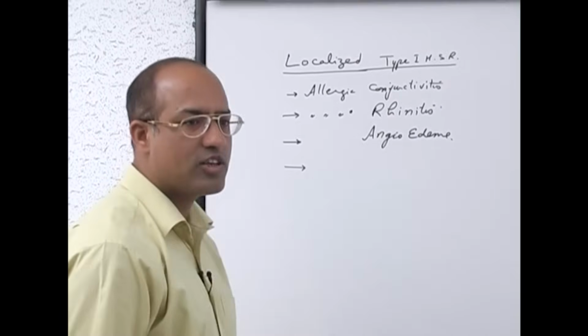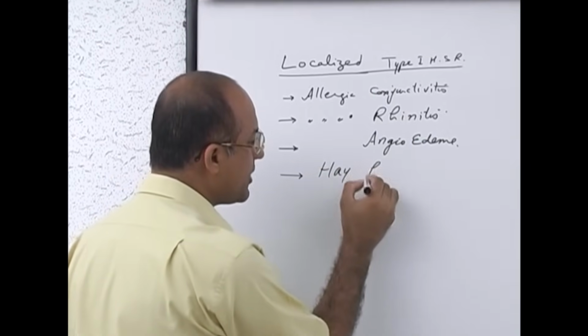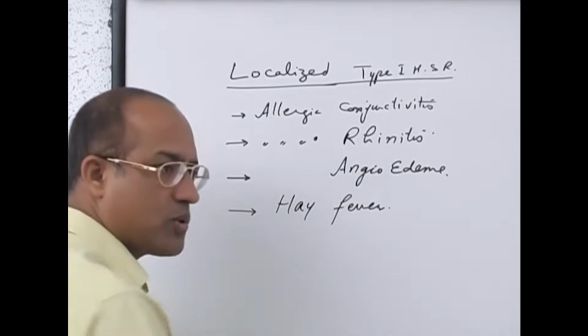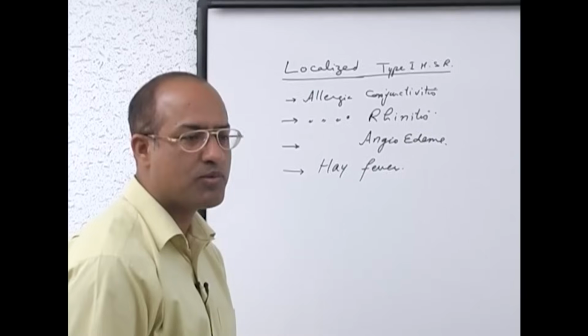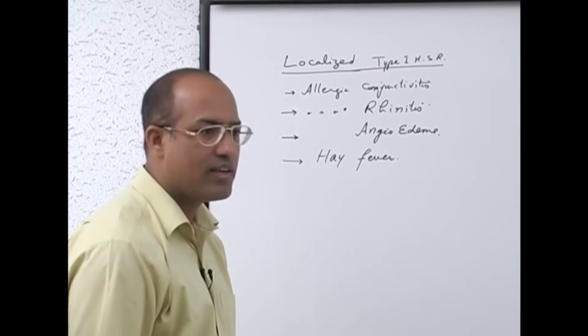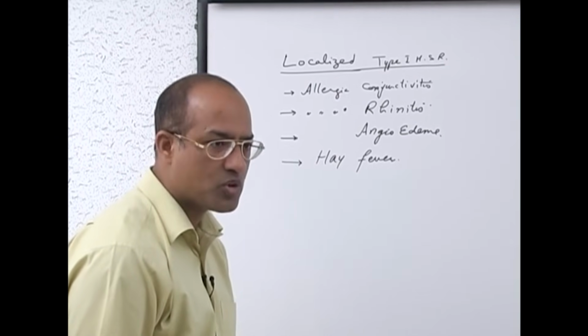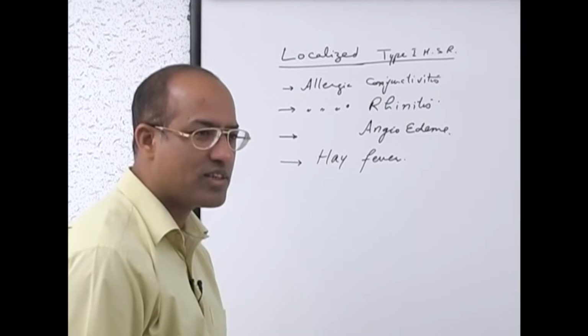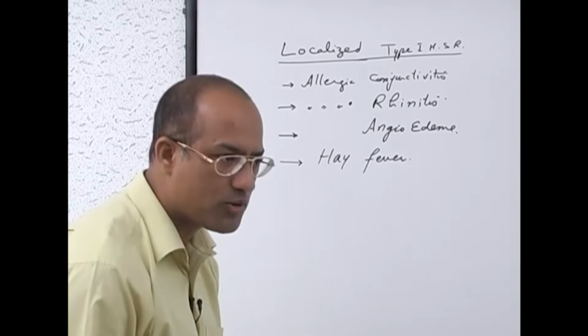Then there's another condition which is called hay fever. Have you heard of hay fever? This is another allergic situation in which a person develops type 1 hypersensitivity reaction in the conjunctiva, type 1 hypersensitivity reaction in nasal mucosa like sneezing, and type 1 hypersensitivity reaction in the larynx and pharynx also.